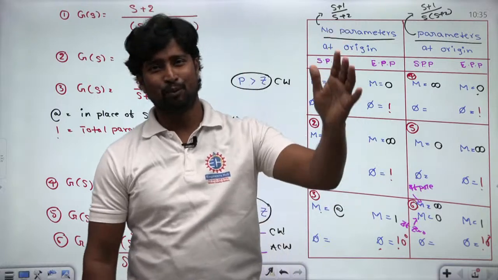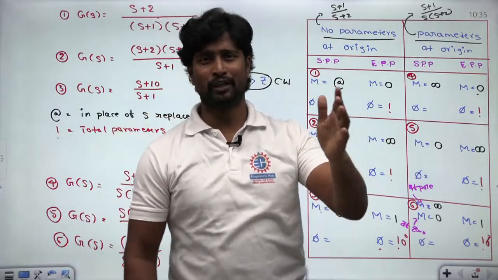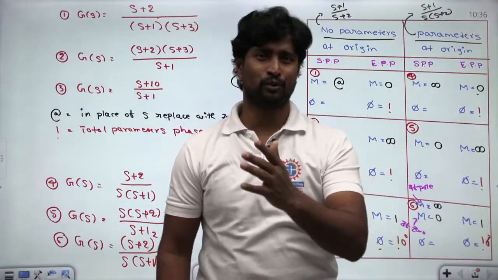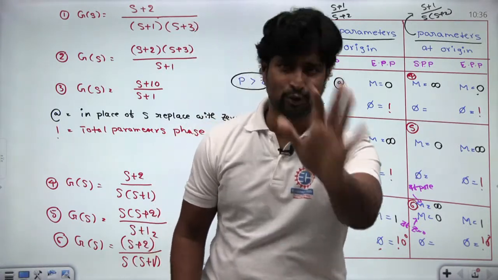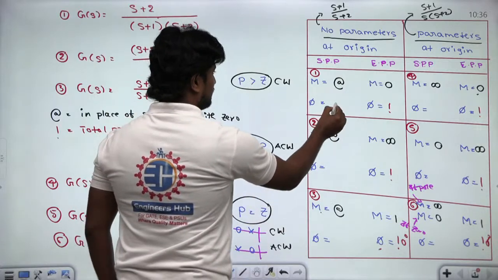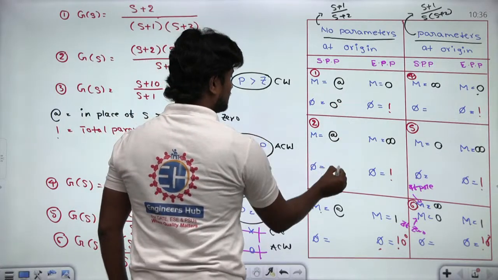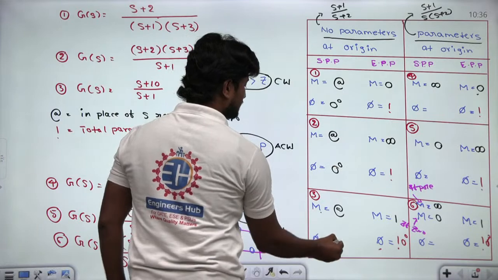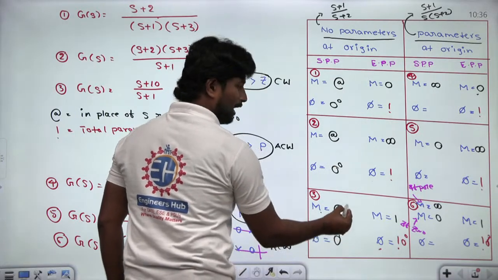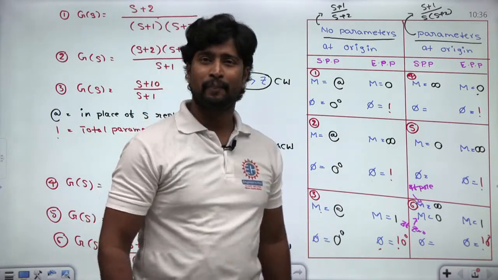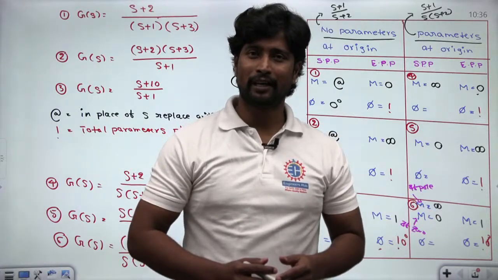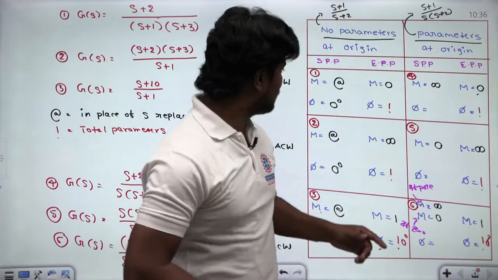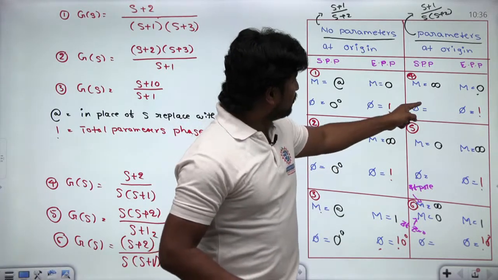Whatever the case, either poles are dominating zeros, or zeros are dominating poles, or the number of poles equals the number of zeros, the starting point phase is always 0 degrees. It's fixed, guys. Got the clarity or not? Next, we need to discuss these three.